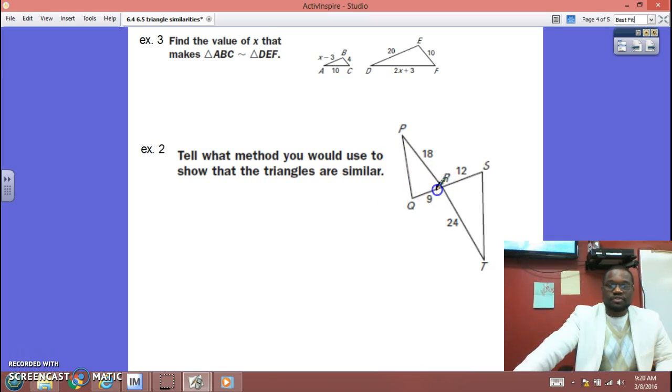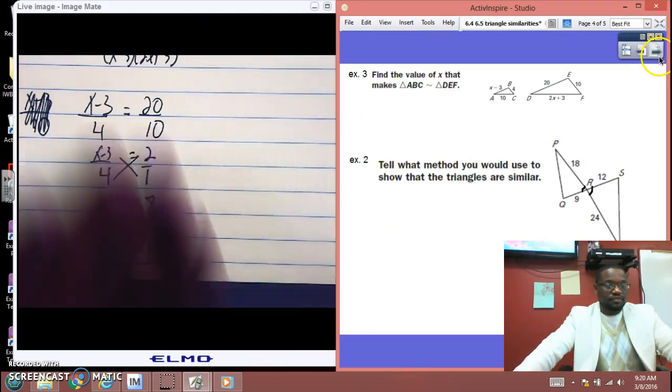These are vertical angles, right? So those two right there have got to be congruent. Now let's see if the sides are proportional. The only way it can be side angle side, because that's the only option. I don't know anything else about any other angle.